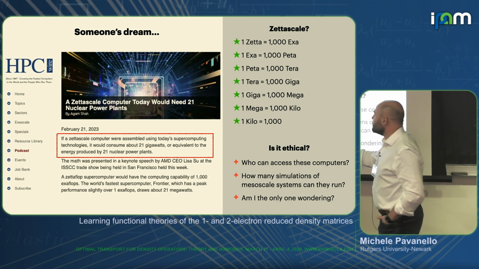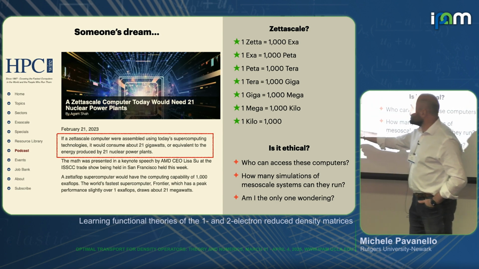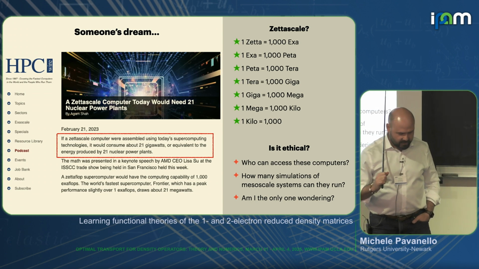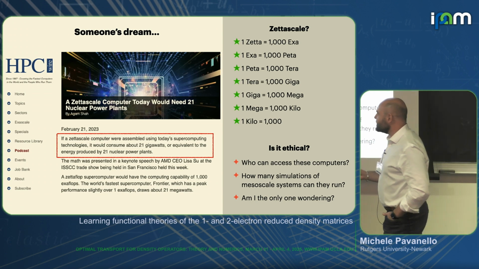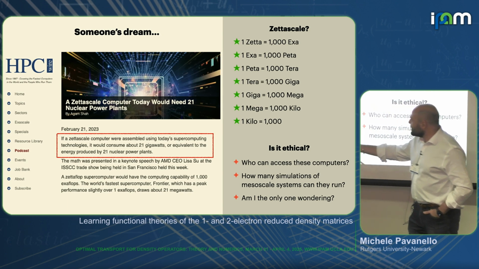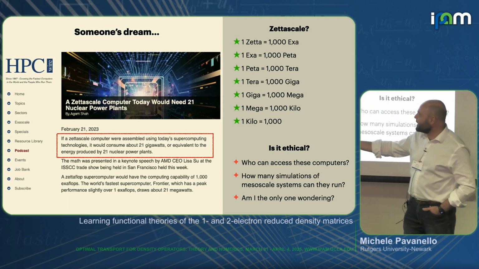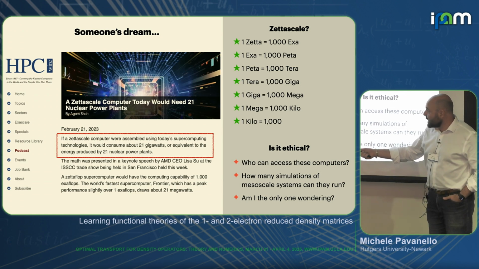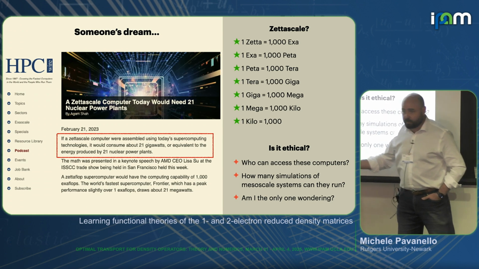Well, you see what people say about zeta-scale computers. This is 2023, but I think pretty much the common wisdom has been unchanged. If a zeta-scale computer were assembled using today's supercomputing technology, it would consume about 21 gigawatts, equivalent to the energy produced by 21 nuclear power plants.